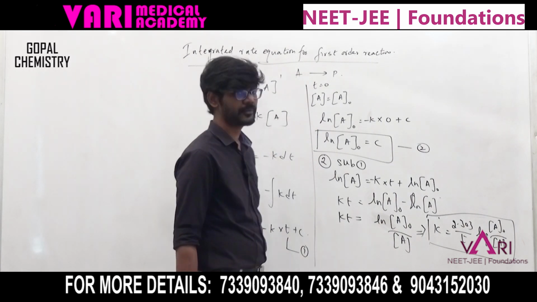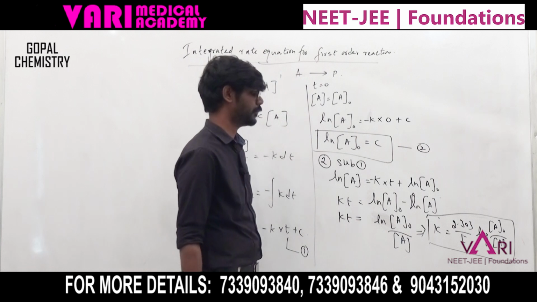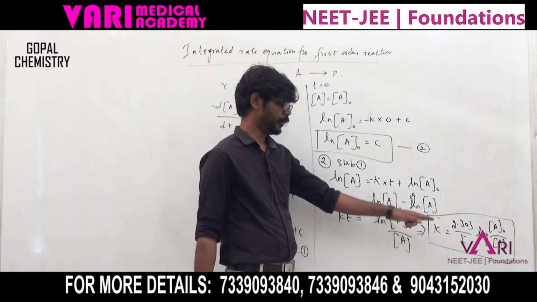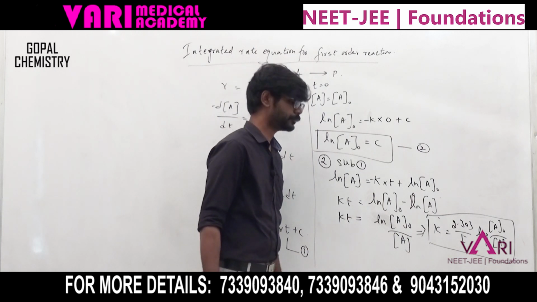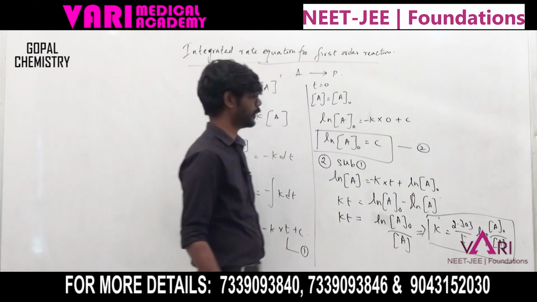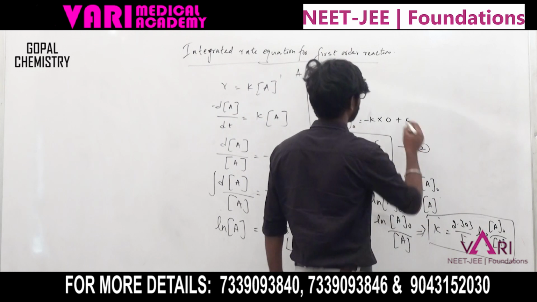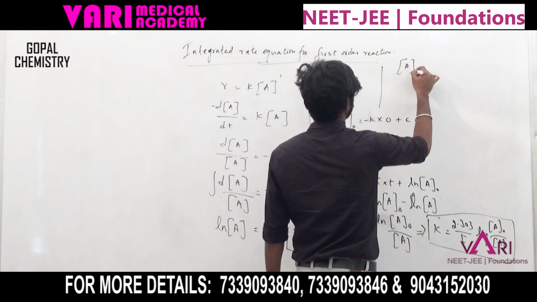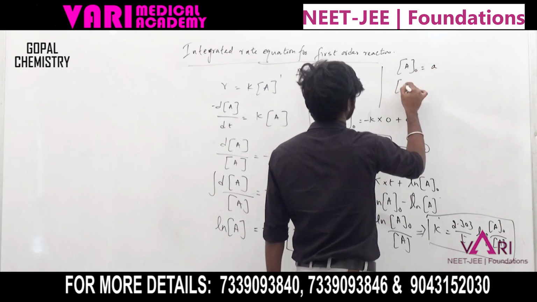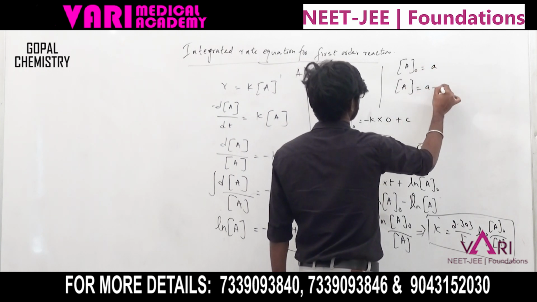So k is equal to 2.303 divided by t into log of the concentration of A naught divided by A. Here A naught can be written as a, and A as a minus x.